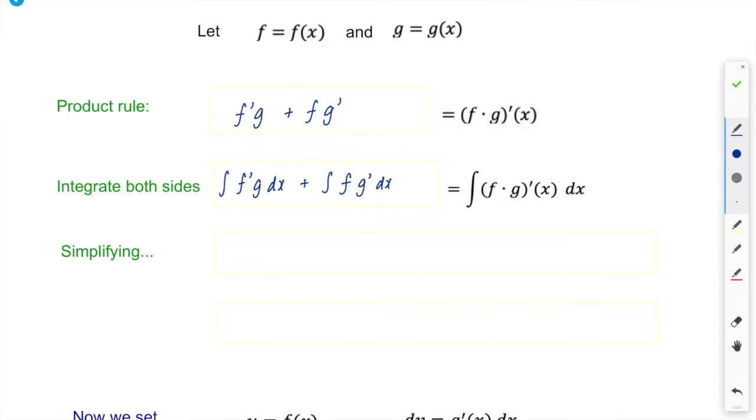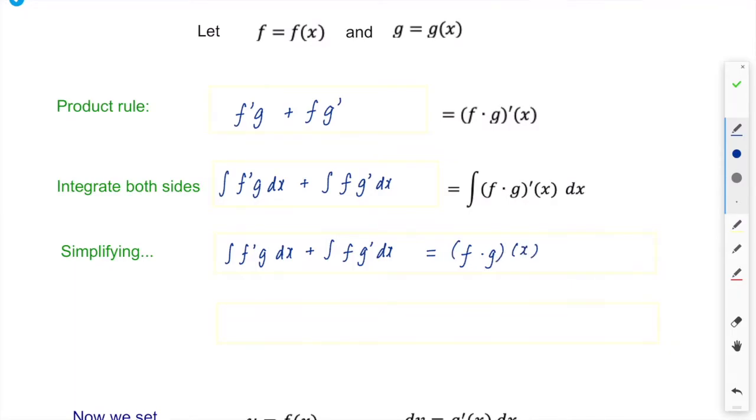When I simplify this, I know that there isn't much that I can do on the left side. But if you recall the relationship between a derivative and its integral, the right side will become simply f times g of x. Okay? So let me write it in this form.